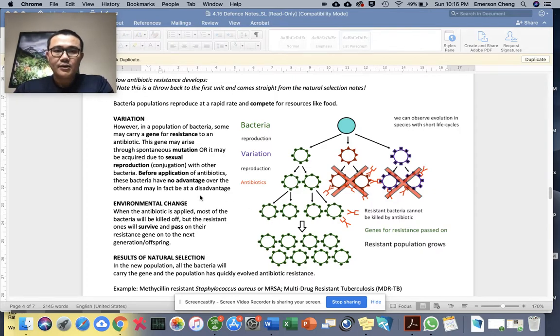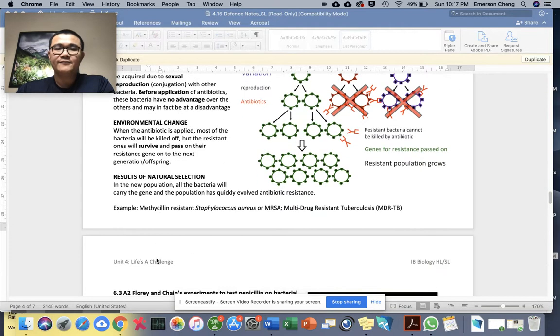Okay. So in this case, environmental change will be the application of an antibiotic. So it will kill off the ones that are susceptible to the antibiotic. The resistant one will survive and thrive. So as a result of natural selection, the resistant population will grow.